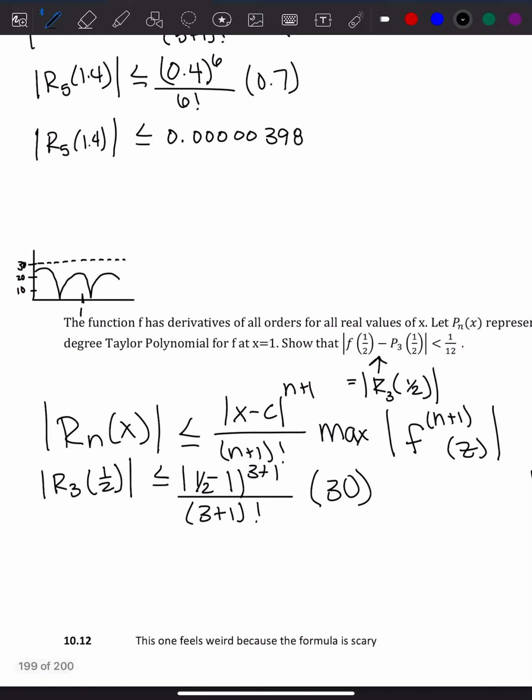So we have right now 1/2 to the 4th power. So 2 times 2 times 2 times 2. So 2, 4, 8, 16. So we have 1 over 16. 1/16 divided by 24 times 30.